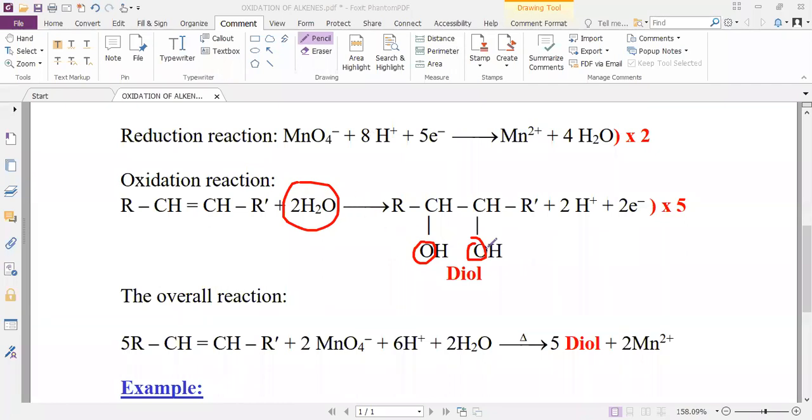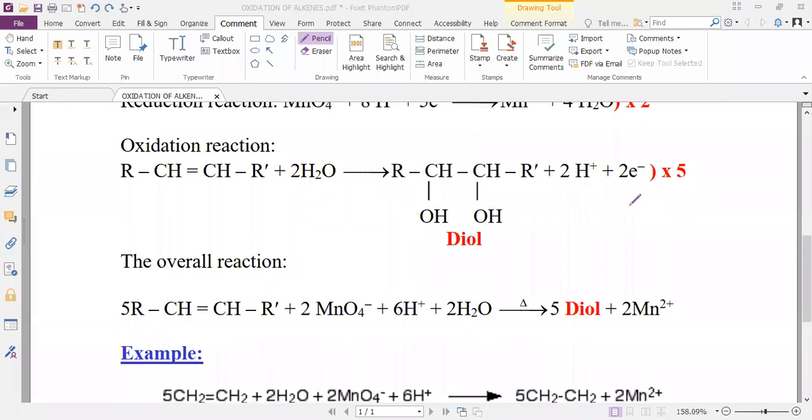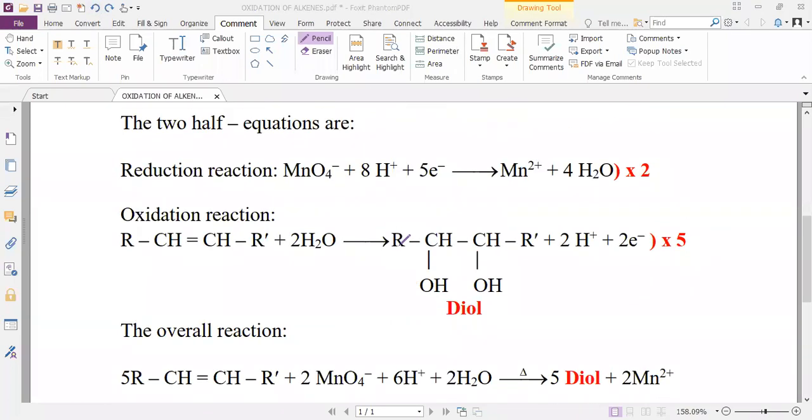After adding 2H2O, we have to balance the hydrogen: 2 times 2 is 4, and 2 is 6, while here we have 4. So we add 2H+, and directly we add 2 electrons in order to balance the charge. Now, after balancing the charge, the oxygen atoms and the hydrogen atoms, the reduction half reaction is balanced and the oxidation reaction is balanced.